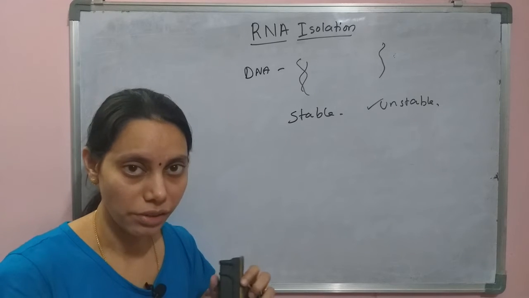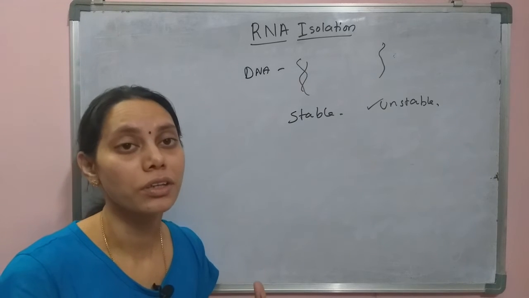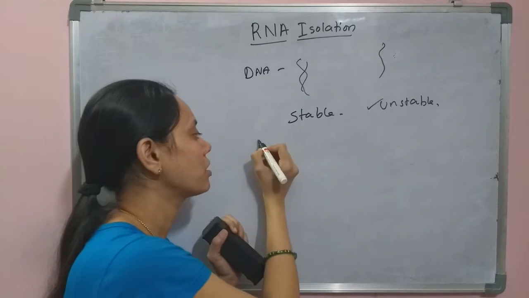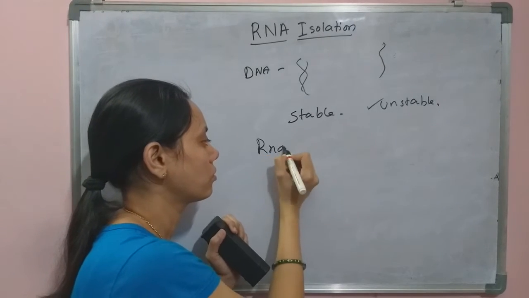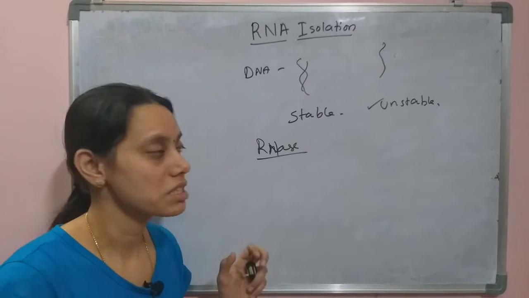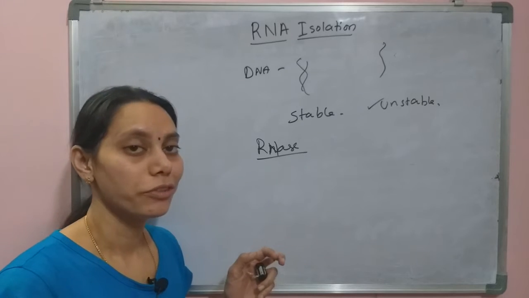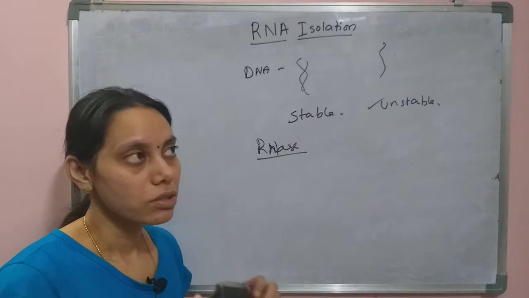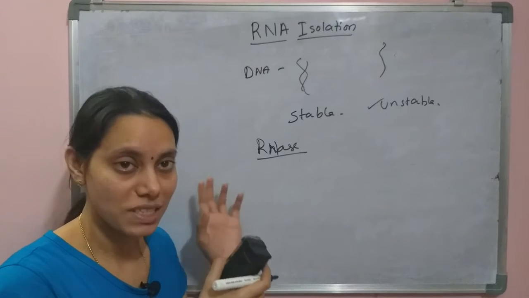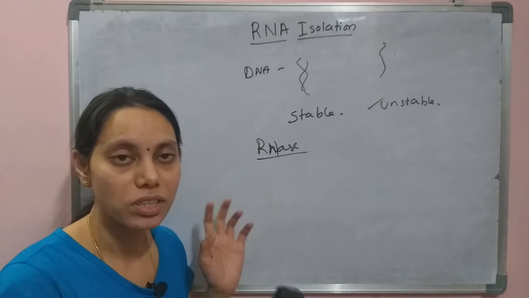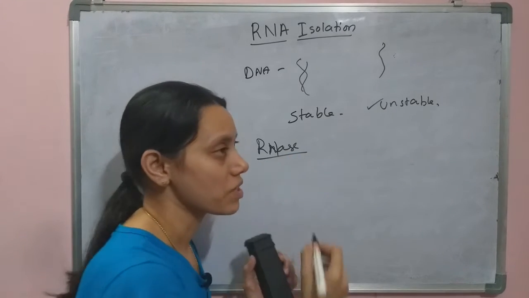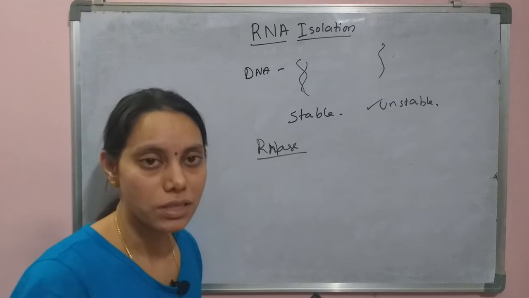And one of the other reasons why RNA isolation is much more difficult than DNA isolation is the presence of RNases. Basically, RNases, as the name indicates, are the enzymes that degrade RNA. Because of the ubiquitous presence of these RNases, RNA extraction is much more difficult. These RNases are present all over the cellular environment.